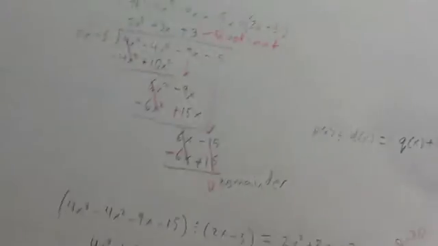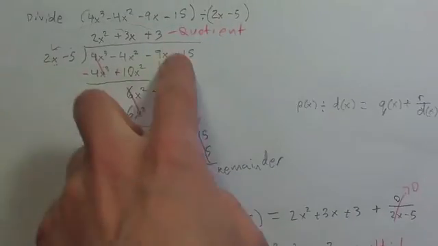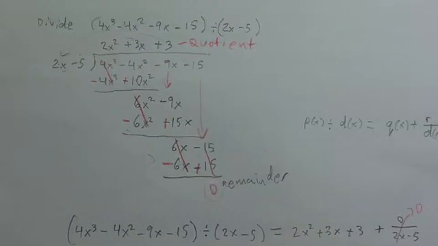Now from here, I think I know what some of you are thinking. This process takes a lot of space, and if we have to do this to help us find roots, or to help us find zeros, or to help us factor, this is a long process.